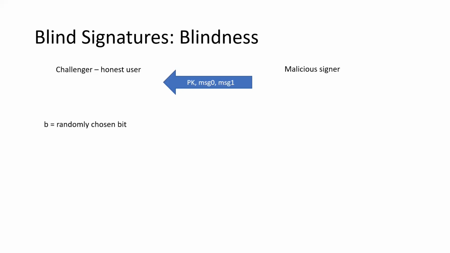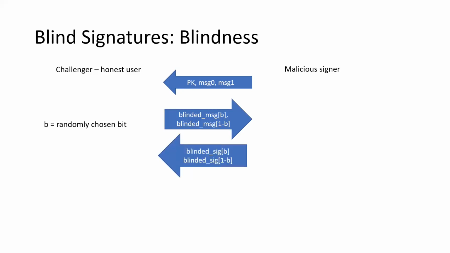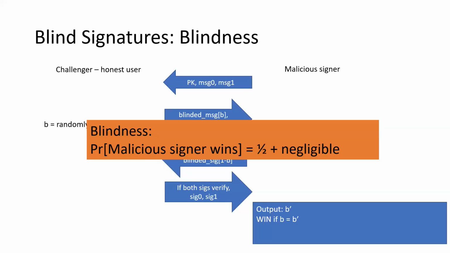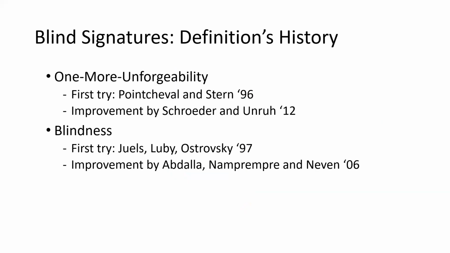When the user gets them signed in random order, so he sends his blinded messages, gets back the blinded signatures, then unblinds them and sends them in the same order as the messages he received, the malicious signer cannot figure out in what order the signatures happen. So that's blindness.